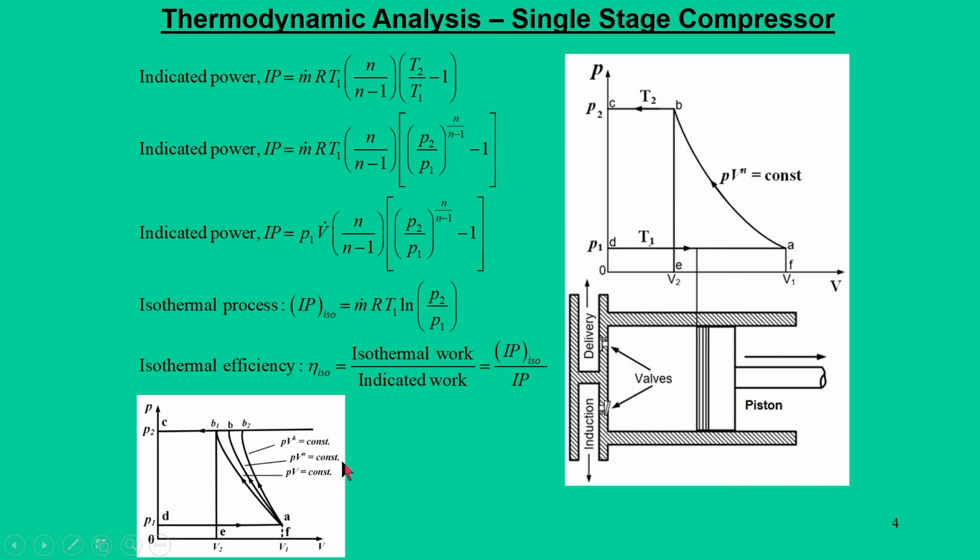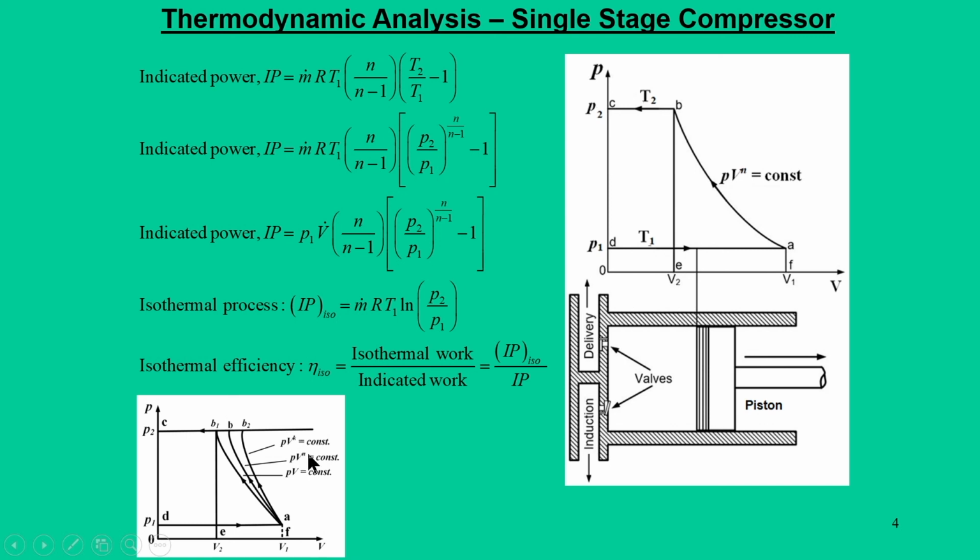The only possibility to minimize the work is by changing the index of compression, because P1 and P2 are desired by the user, and volume is fixed by the given size of the compressor. So the only possibility to minimize the work is based on the value of n.